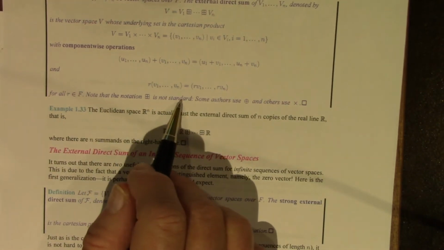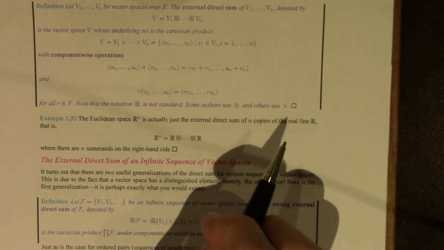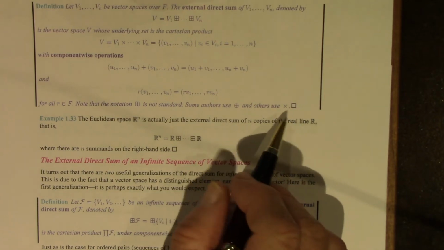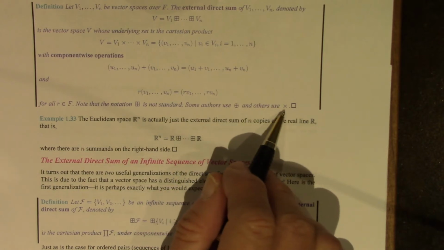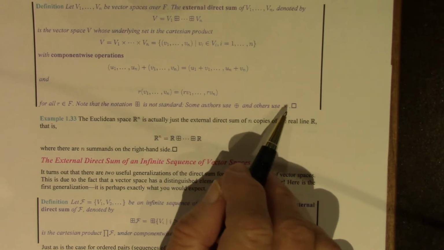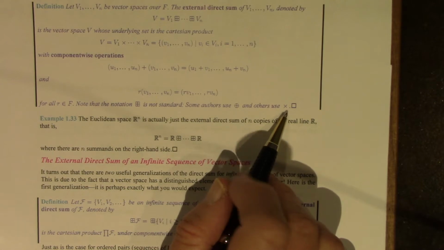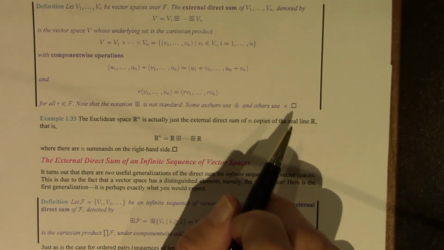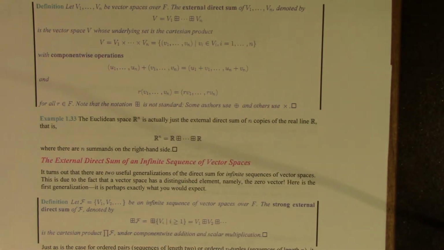As to notation, unfortunately there's not a universally accepted notation for the external direct sum. Some authors will use a plus sign with a circle around it. Some will use the x that's used for Cartesian product. Personally, I don't like the x because it doesn't indicate that there's an algebraic structure involved. I also don't like the plus sign with the circle around it because we're going to use that, as is customary, for something called the internal direct sum.